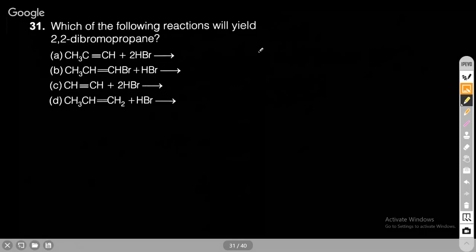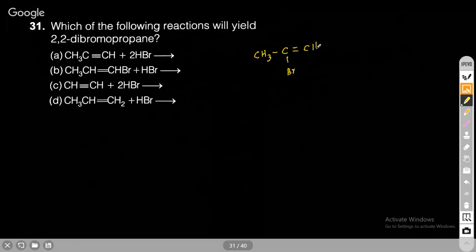You see, first of all, Br minus will attach at the second carbon. So we'll have Br here. Right?